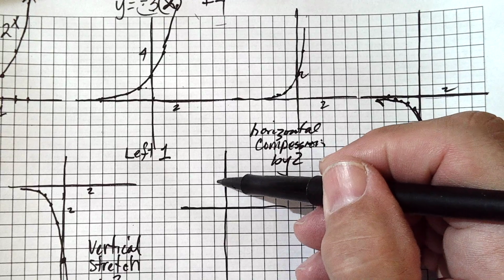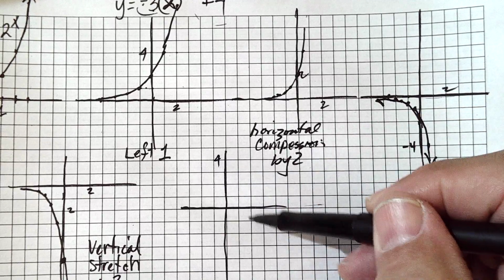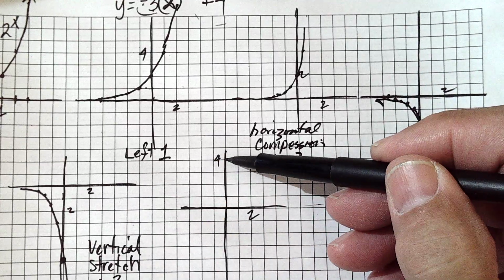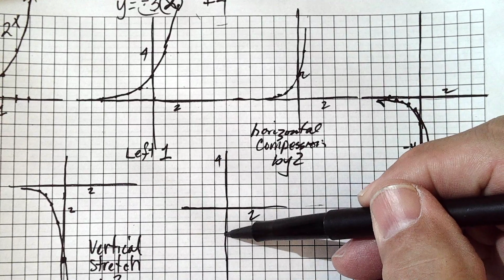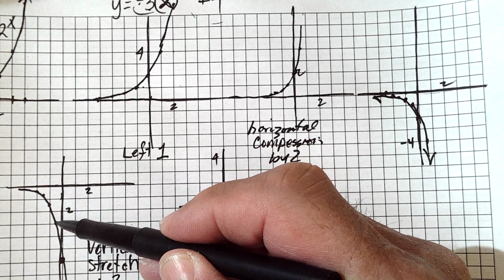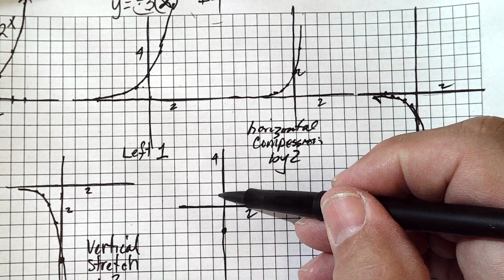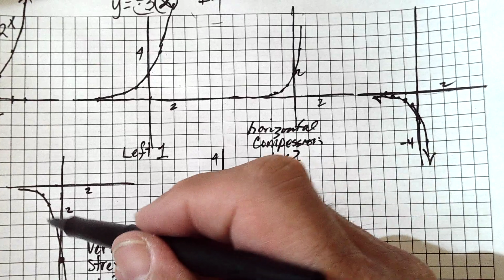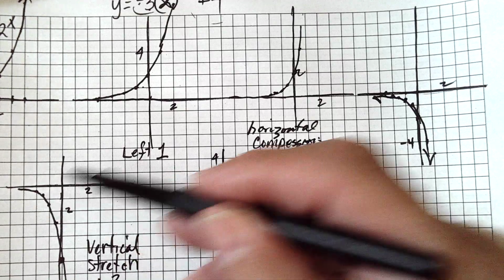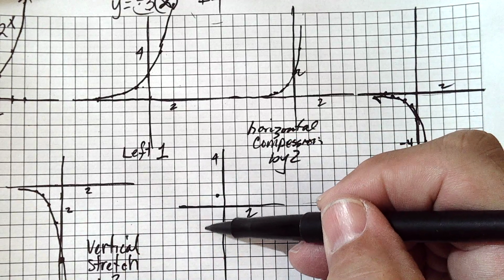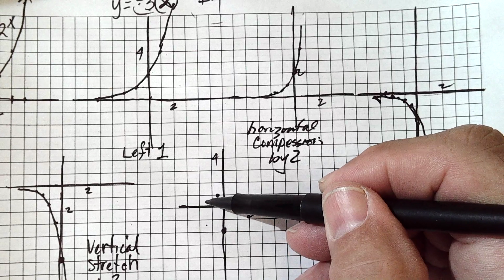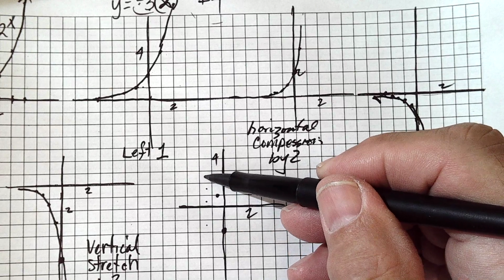1, 2, 3, 4, and here's 2. It was (0, -6), and if I bring that up 4, it's (0, -2). It was (-1/2, -3), so it's going to be (-1/2, 1). At -1, it was -1.5, so up 4 is 1, 2, 3, 4.